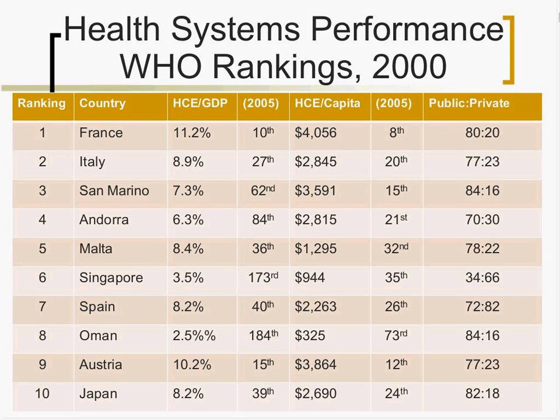If you look at most of the top performing health systems, 80% public in France, 77% in Italy, 84% in San Marino, 80% in Andorra, 72% in Spain, 77% in Austria, 82% in Japan. Most of the top-rated systems have most of the expenditure coming from the public purse.